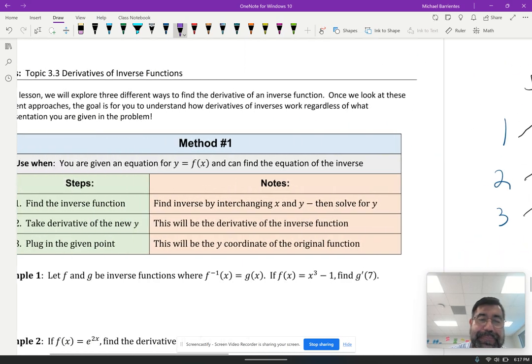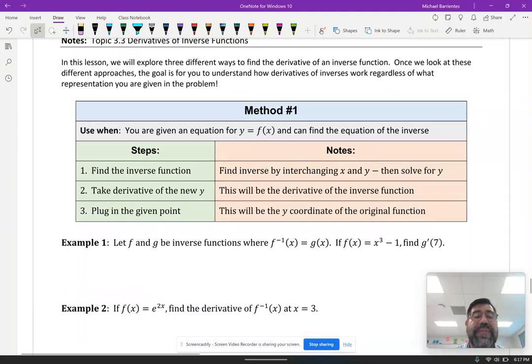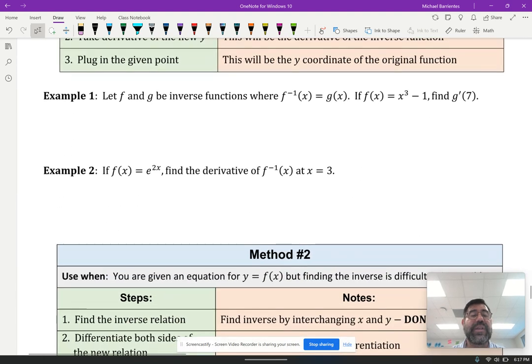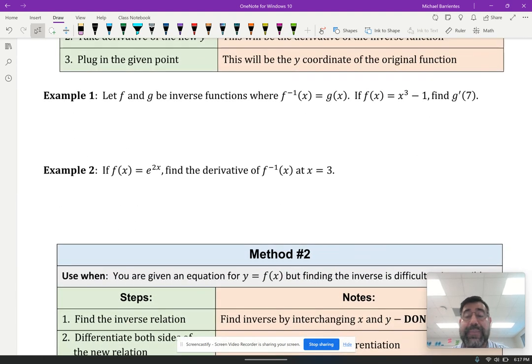So our goal is to find derivatives of inverse functions. Method number 1 says, if you can find the inverse function, then find it, take the derivative, and then evaluate it at the point you're being asked about. That's what we're going to do in this first video. I am given the function f of x equals x cubed minus 1.